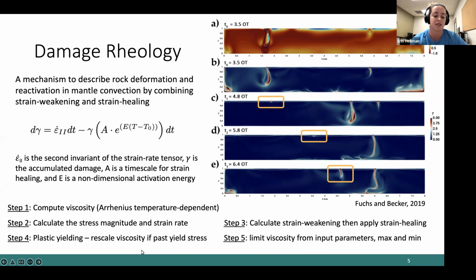And then because this is a viscoplastic model, we apply plastic yielding to it, so it will rescale your viscosity if it's past that yield stress. And then we limit our viscosity from input parameters, giving it a minimum and a maximum, so that if you have too large viscosity variations in this kind of modeling, it gets very clunky computationally and it's harder for the model to solve those equations. So we just give it a minimum of 1 × 10⁻¹8 and a maximum of 2.5 × 10⁻24.